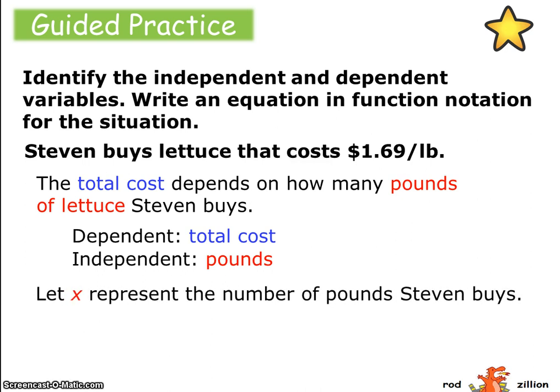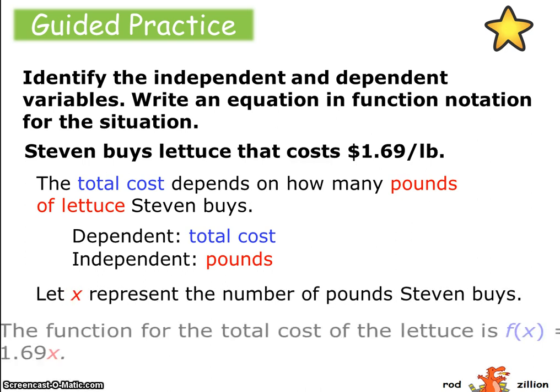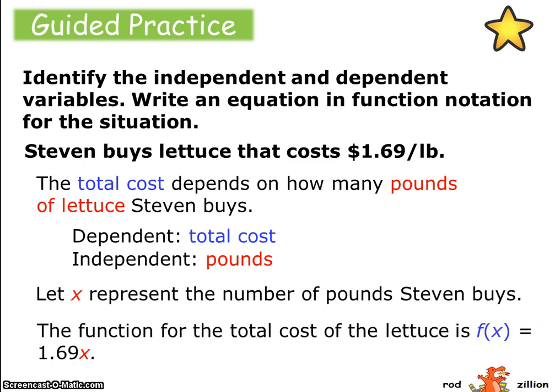If we let x represent the number of pounds Stephen buys, then the function for the total cost of the lettuce is f of x equals 1.69x. Again, it doesn't matter what variable you choose. The x is not significant specifically.